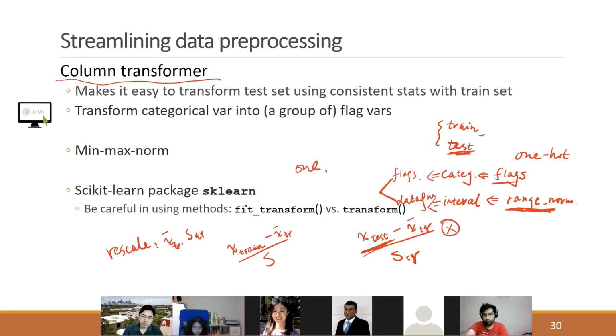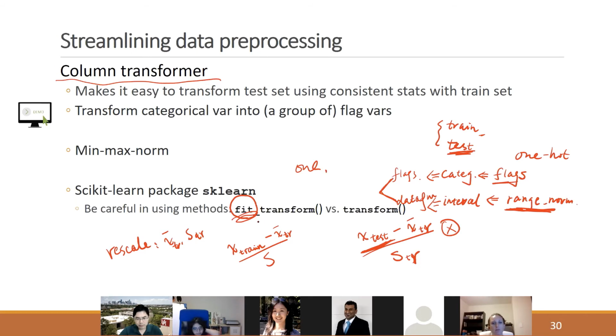That's what the fit is doing in using the transformer. Now, scalar is a transformer. Encoder is also a transformer, but they are not column transformers. Column transformer combines multiple transformers together. When you use the fit, it is calculating the statistic of the data set.